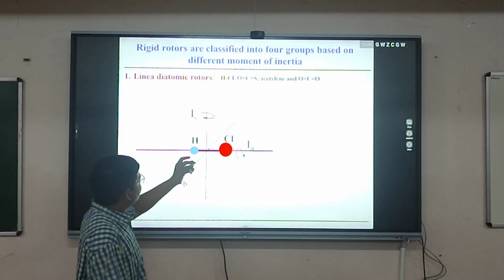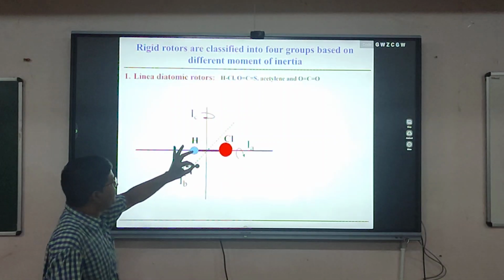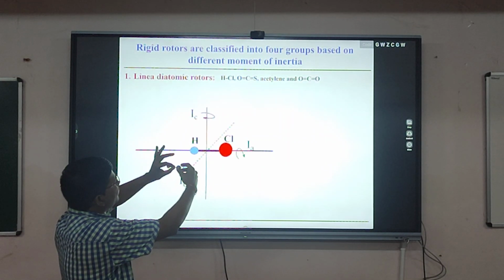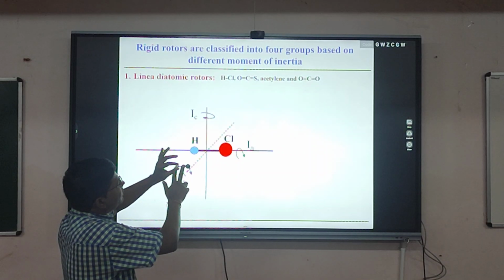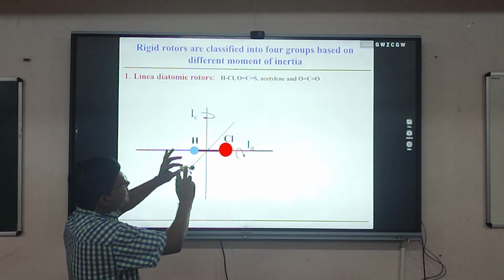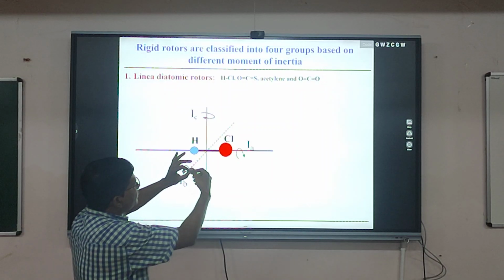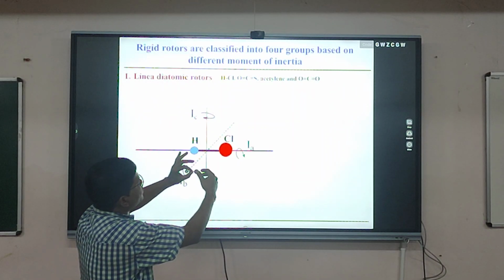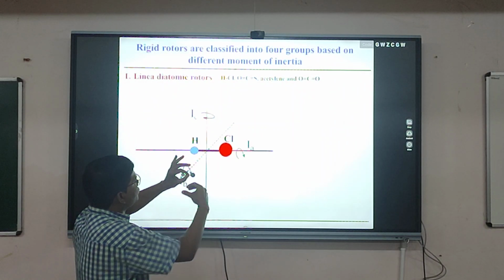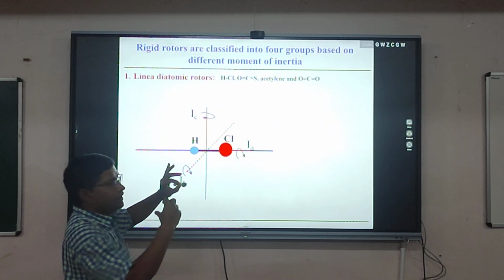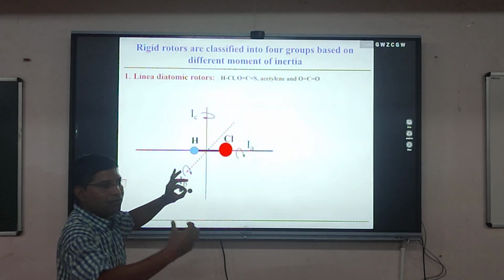Now we can put this molecule here and start to rotate it. The bond between the two atoms is fixed. When we rotate the molecule along the bond axis, it requires a very small amount of inertia, or force.